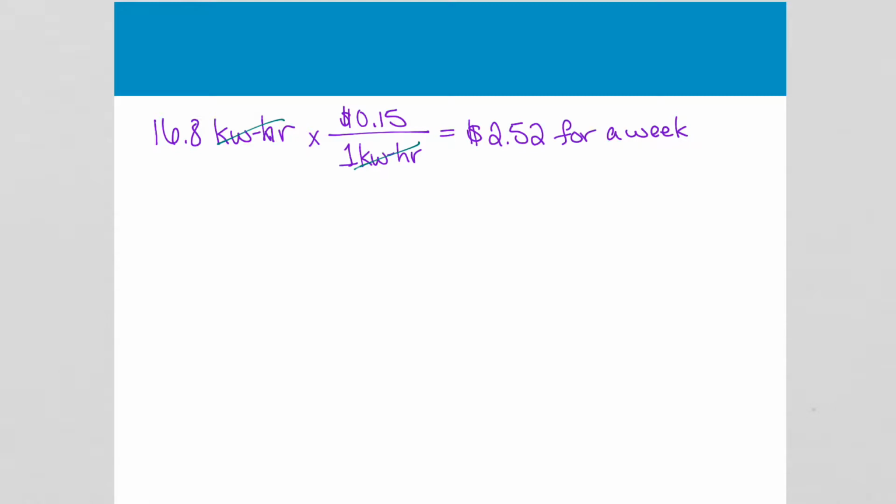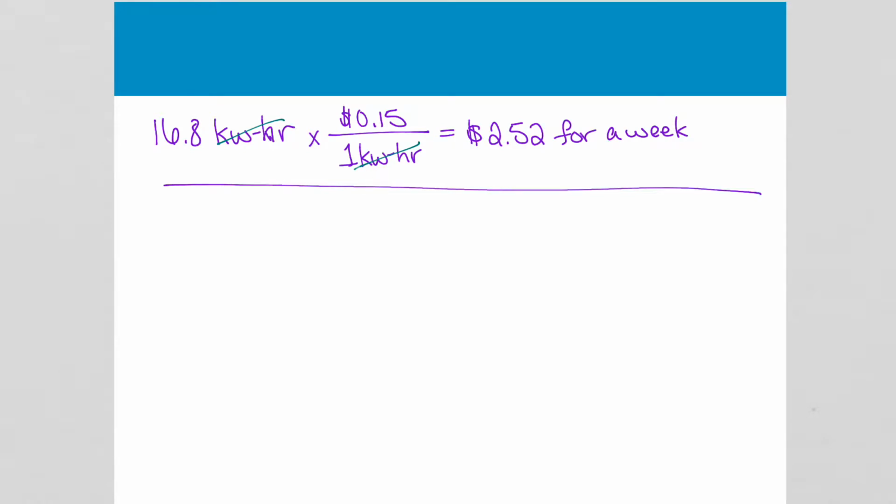The next part of this question asks, how much will you save in a year if you replace the bulb with an LED bulb that provides the same amount of light for only 25 watts of power. Okay, so that's nice.